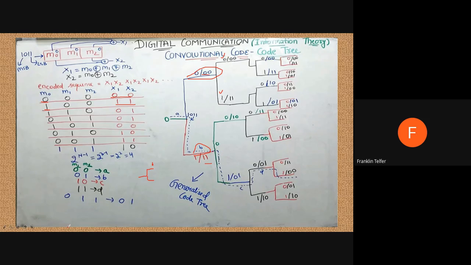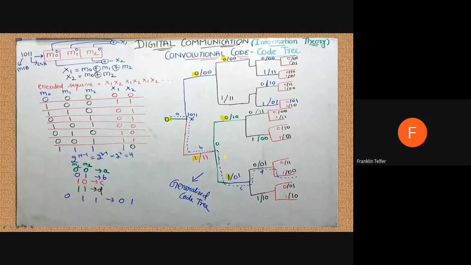Here, initially we have 0, and we have 0 here, and we have 0. Similarly we have 1 here, 0 here, 1 here.